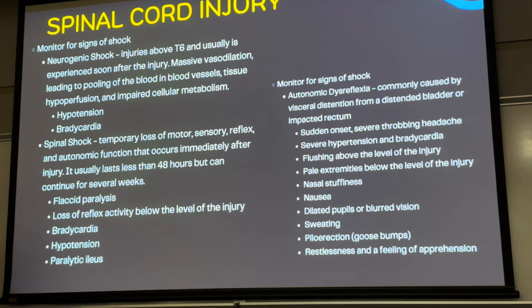Usually that autonomic dysreflexia is going to be one of two things. It's going to be bladder distension or fecal impaction. If I relieve that stimulus, that response should go away. So make sure there's no kinks or anything. If I have a Foley catheter in place, make sure my Foley is draining appropriately as it should. Check for that fecal impaction.